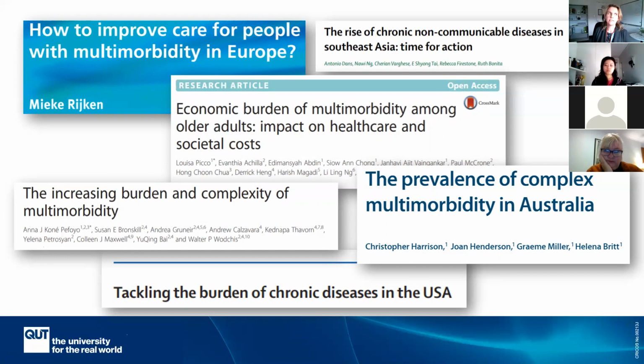The point I'm trying to get at is that what's happening here in Australia is something that even lower income countries are starting to see as well. It's a positive thing that we're able to address many diseases, but as a result, we have more and more people living with chronic diseases.